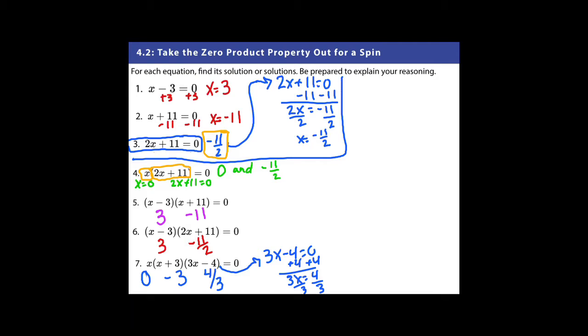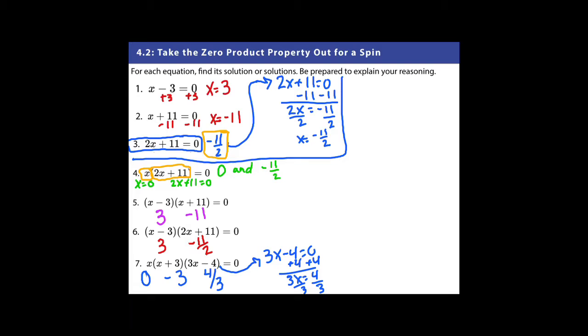For the next one, you put each of the parentheses equal to 0 and get 3 and negative 11. And then number 6, you put both of them equal to 0 and you get 3 and negative 11 over 2. And then for the last one, you'll have 3 answers.